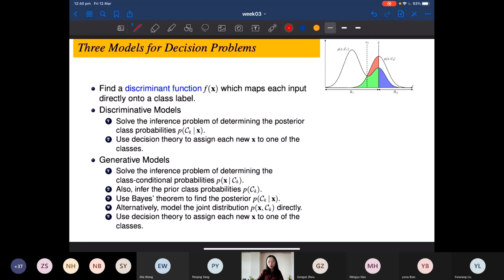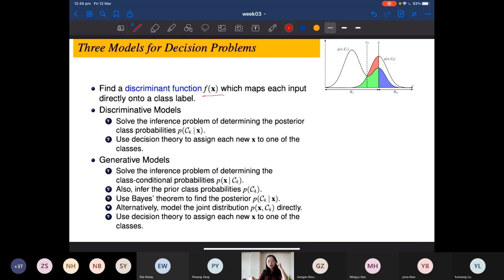So remember our toy distribution of 2 modes versus 1 mode in 2 classes. We could tackle this using 3 different approaches in broad strokes. The first one is finding a discriminant function, f of x, which essentially separates these classes.